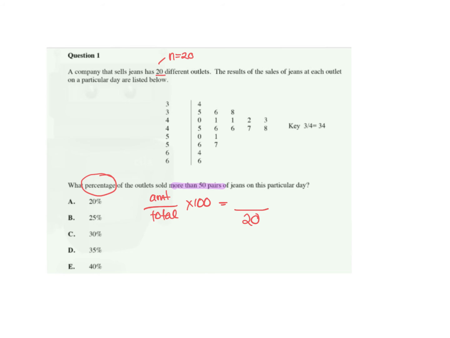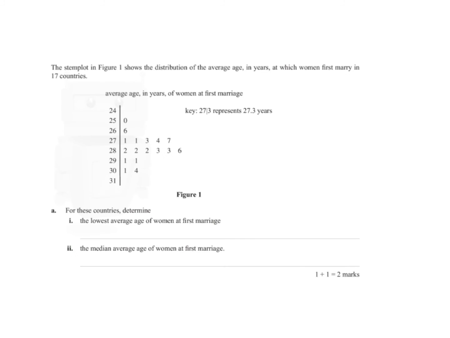You go here, this is 50, and they're saying more than 50. So I'm going to say 51, 1, 2, 3, 4, 5. There were 5. Then you times that by 100. That's a quarter, so 25%. Done.